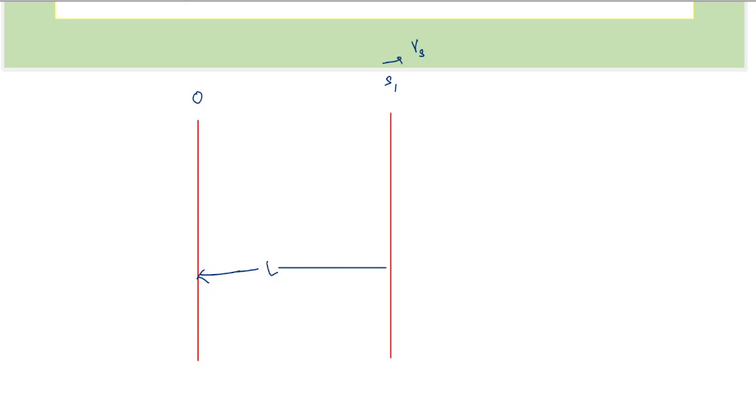Now if we start our measurements, that is, if we take an instance where time t is equal to 0, at this point let the source emit a crest. So at time t is 0, a crest is emitted. The wave would travel like this towards the observer, and let the speed of the sound be called v.